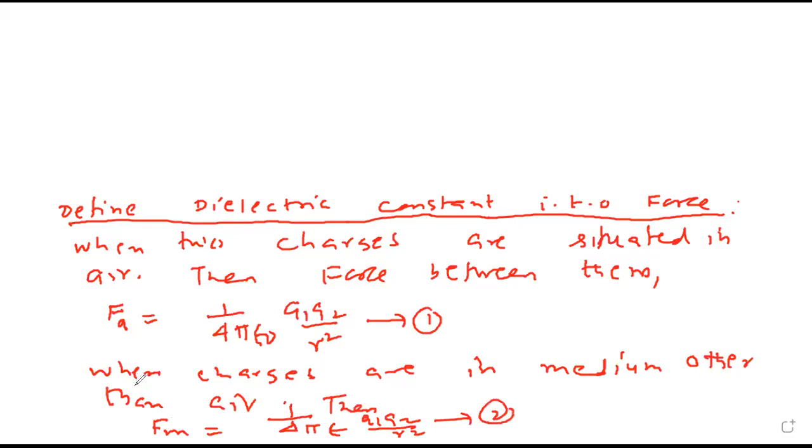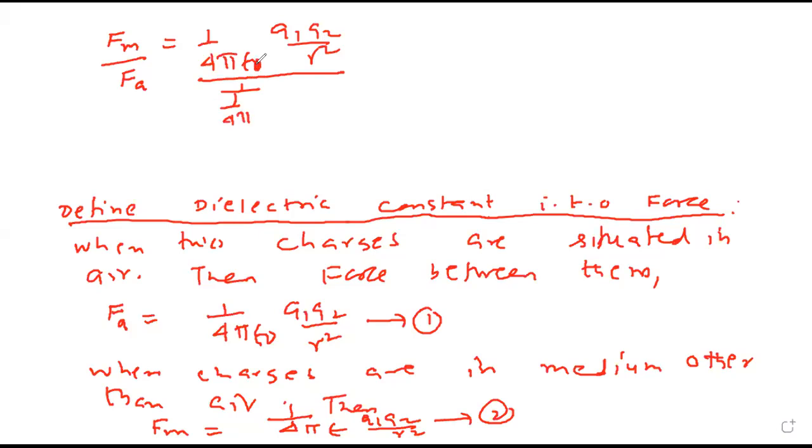That means in place of epsilon naught, we have written epsilon. So F in medium upon F in air is 1 upon 4 pi epsilon Q1 Q2 by R square divided by 1 upon 4 pi epsilon naught Q1 Q2 by R square.